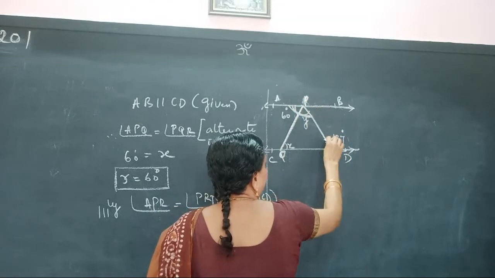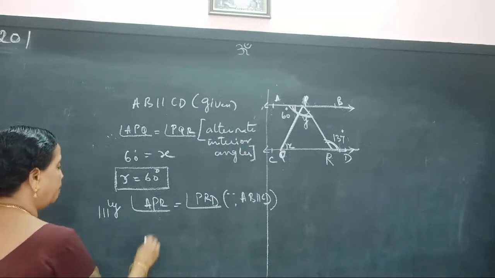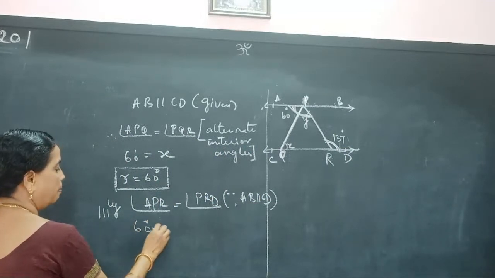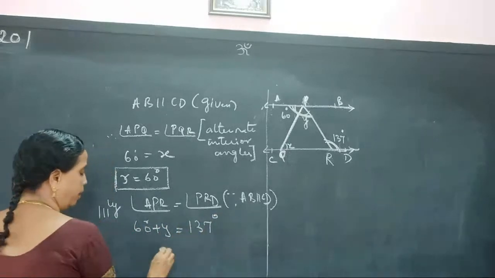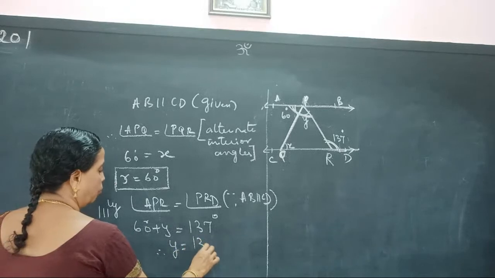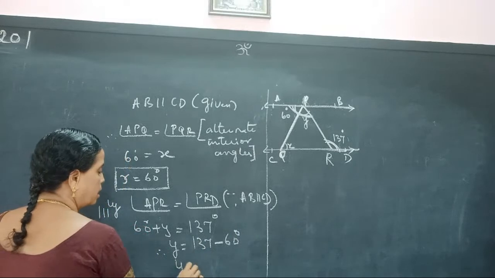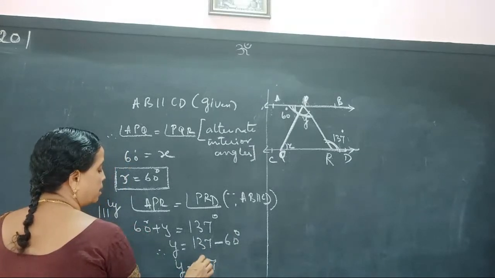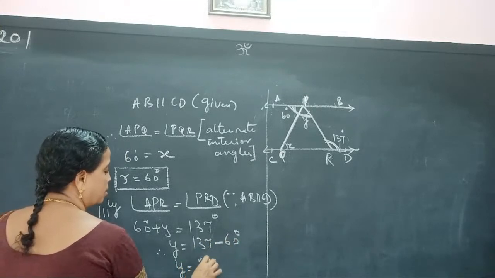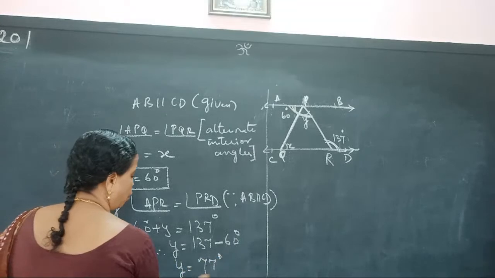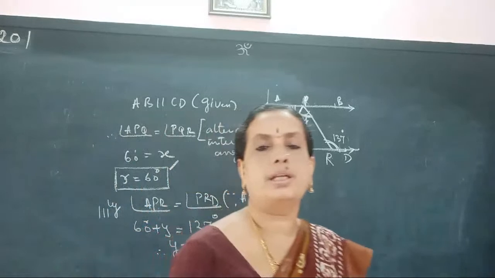So this whole angle is equal to this. We can write APR as 60 degree plus y equals 137 degree. Therefore, y equals 137 minus 60 degree. 13 minus 6 is 7. So y equals 77 degree, x equals 60 degree.